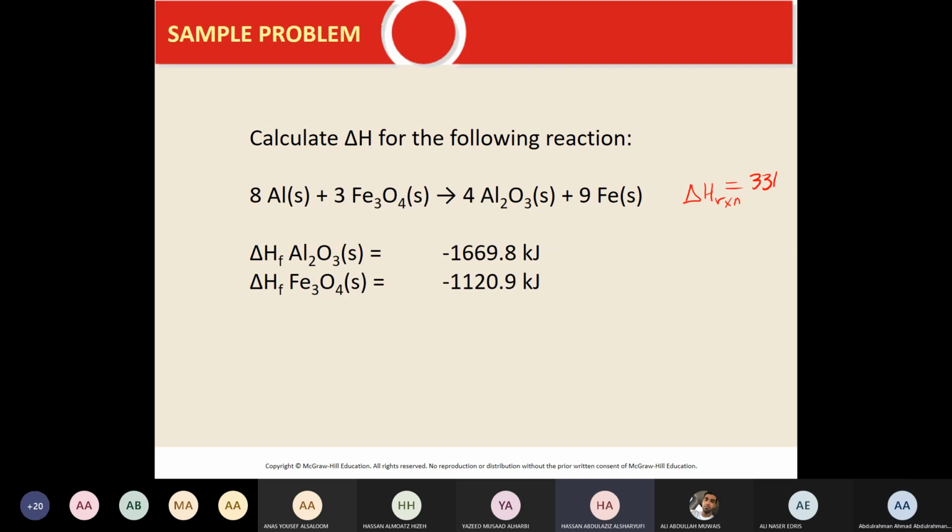Yes, the same answer. Who else? Same answer. Now, should I put the minus or we don't have to put the minus? If you said it is released, then you don't have to. I did not say. Now, when you put delta H, you must put the sign. So you must put the minus here.